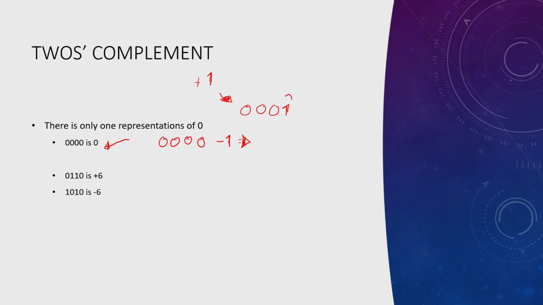Least significant 1, keep this 1. Invert the rest. So it's 1, 1, 1, 1, and we keep the least significant 1. But with 0, you can't do that. There is no 1, so you can't invert to the left.